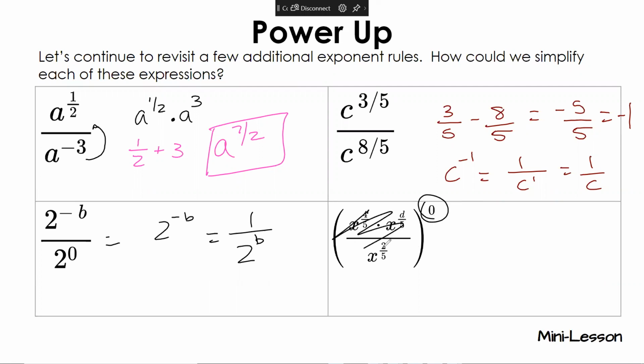So it does not matter what is inside here, because that means it's going to be 1, right? There's always a question that comes up either on your final or something that has something like this. Pay attention to the 0 power. That makes your life a little bit easier.